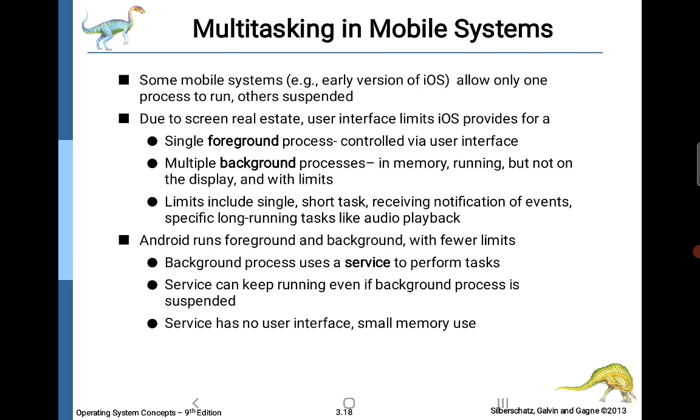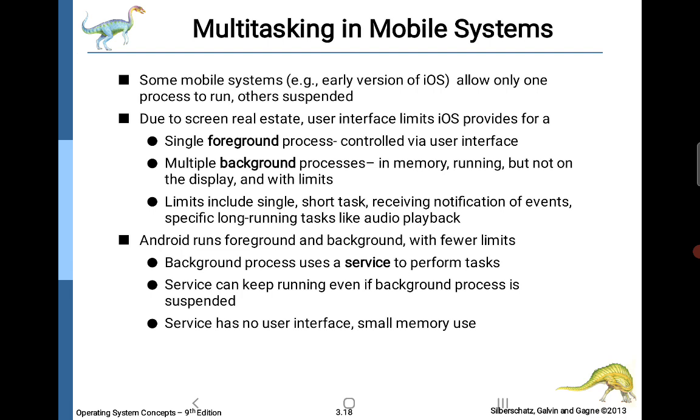So multitasking or multiprogramming is quite easy when we are talking about computers, because computers have extended resources. But mobile devices are different because of the limitation of the memory size and the CPU power.